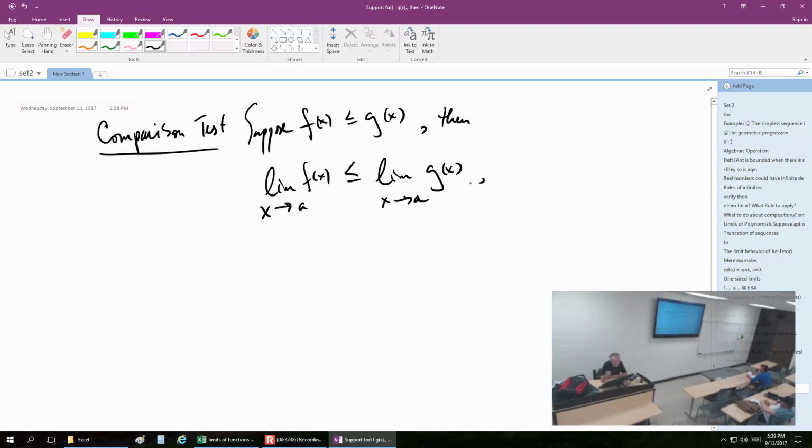There's a caveat here. I wonder if you remember from the discussion about limits of sequences. So there are 2 functions or 2 sequences. They have an inequality between them, and then we conclude that their limits also have that inequality between them, provided, what should be the caveat?